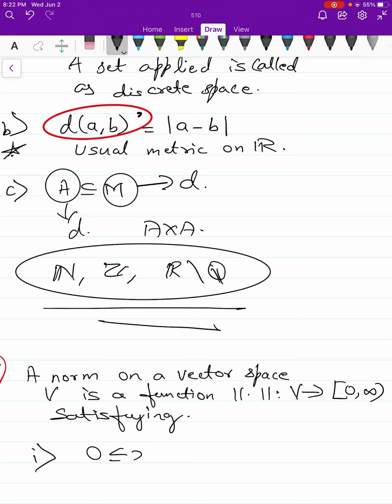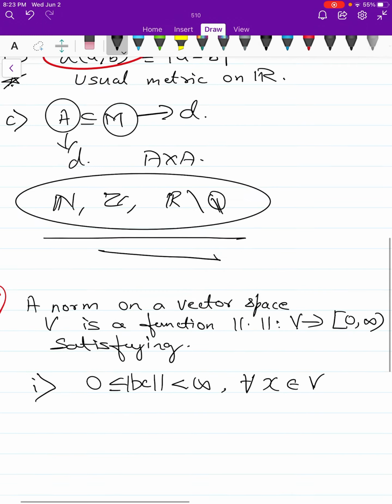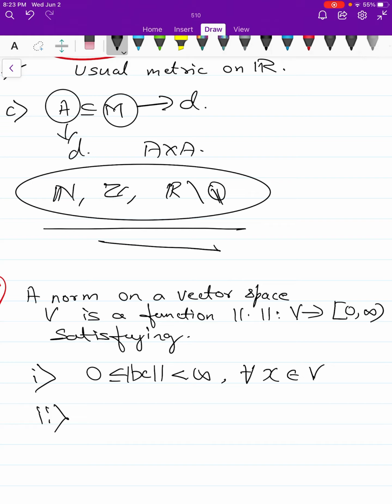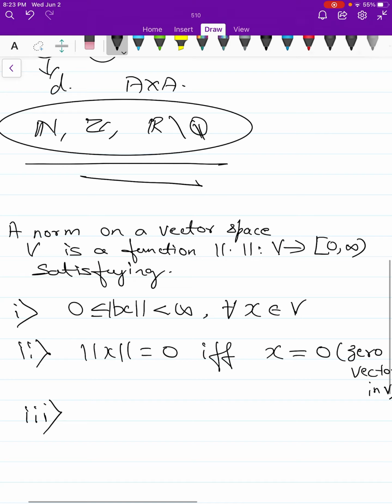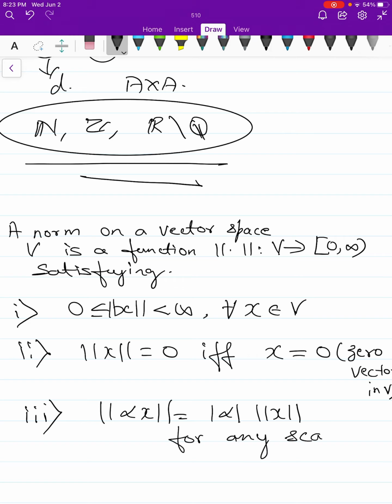First, 0 is less than or equal to norm x, which is less than infinity, for all x belonging to V. Second, norm x is equal to 0 if and only if x is equal to 0, the zero vector in V. Third, norm of alpha x is equal to absolute value of alpha times norm x, for any scalar alpha and vector x.